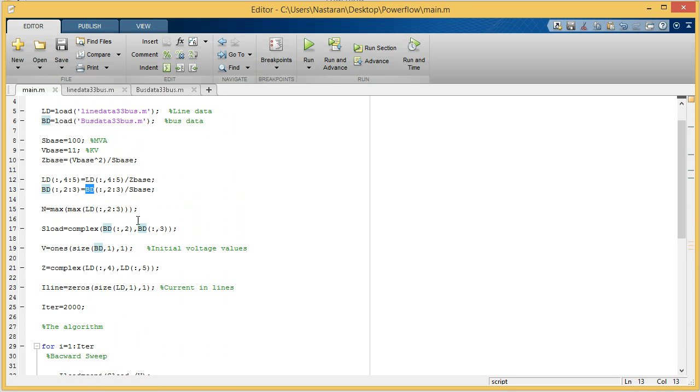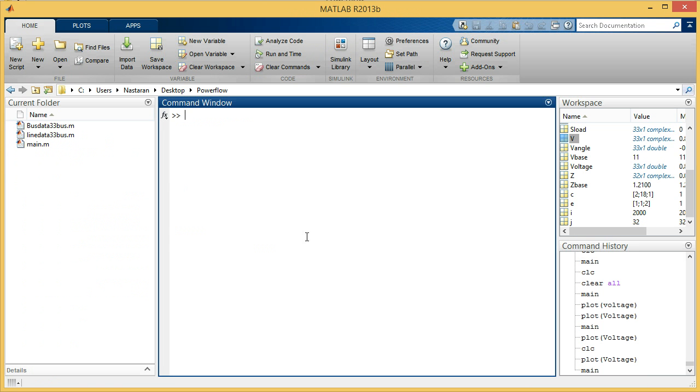So I need to add something here. Add a coefficient of 1000 in here to convert the megavolt ampere to kilovolt ampere. And yeah, I think this was causing the problem. Let's run again and see what happens.